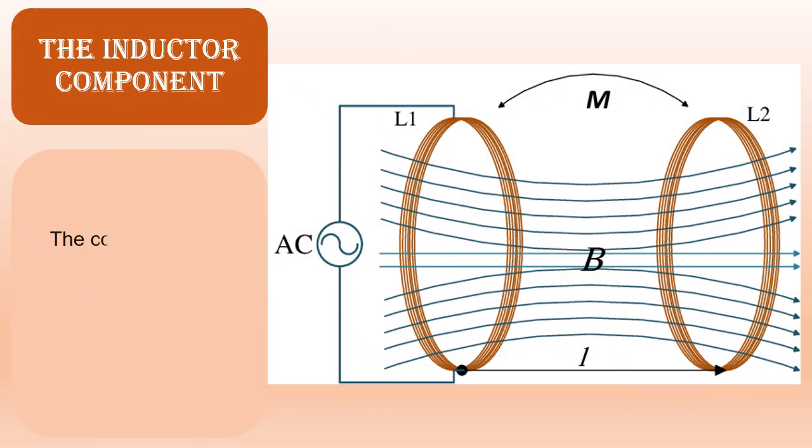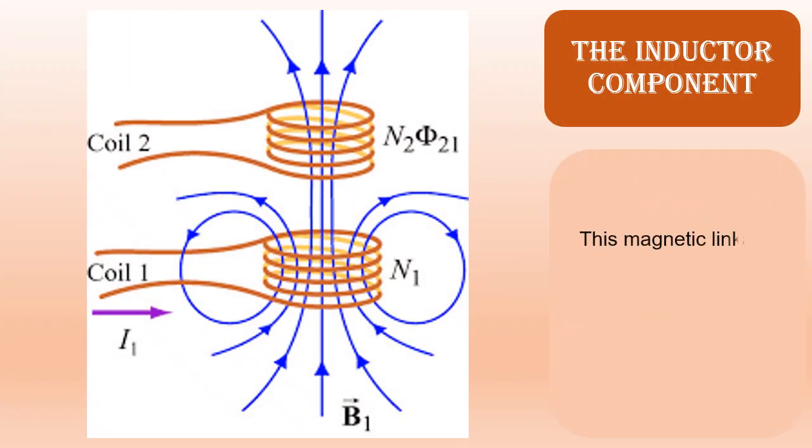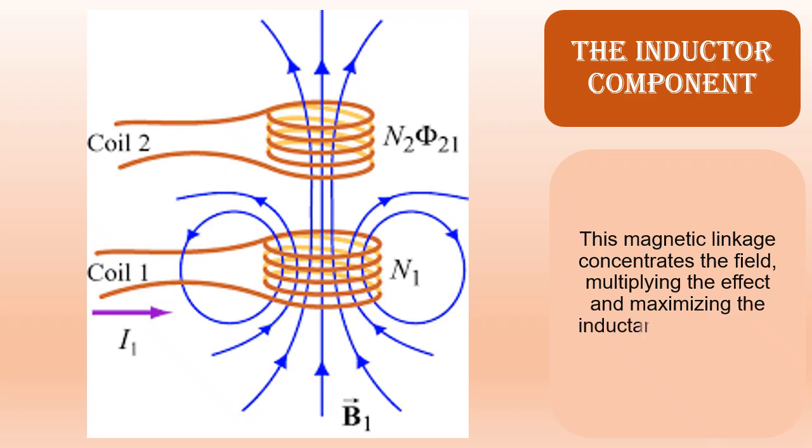The coiling shape is crucial because it causes the magnetic field lines from each turn of wire to link with adjacent turns. This magnetic linkage concentrates the field, multiplying the effect and maximizing the inductance L, which is measured in Henries.